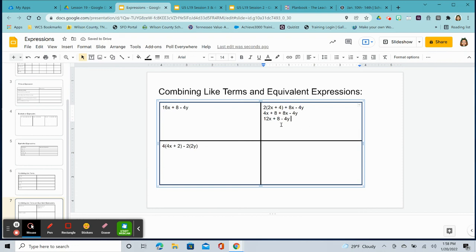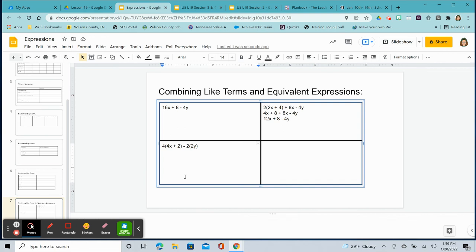Now we can look at this and we can say, okay, is this expression equivalent to this other expression over here? Not really, right? So anytime you want to determine if an expression is equivalent, you first have to simplify them.